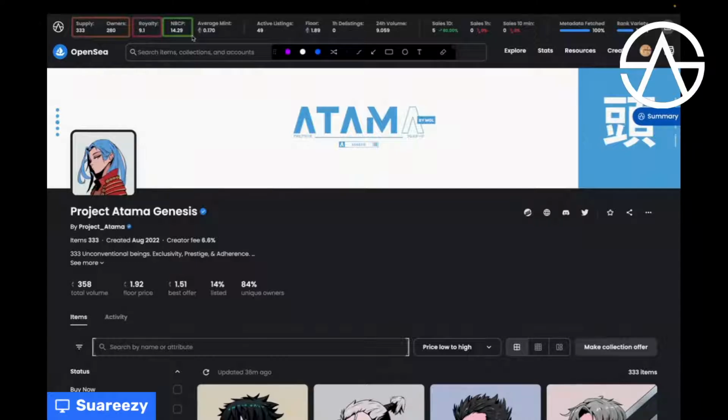So essentially, the higher the number, the more blue chip projects inside this project, meaning higher potential for volume to come in off of catalytic events. Seeing NBCPs pushing over 10% is very key to look at, and seeing you guys sitting at 14% is very solid.